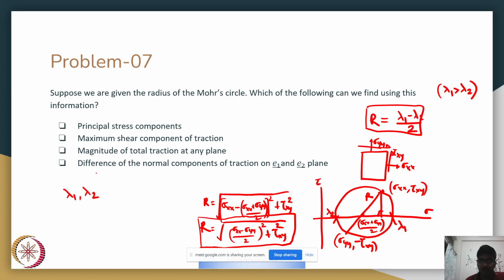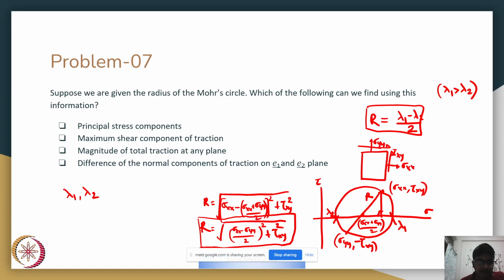No, we will find a relation. Yes, we have a constraint on lambda 1 and lambda 2. We don't necessarily know their actual values. So if R is 2, lambda 1 can be 4 and lambda 2 can be 0, or lambda 1 can be 8 and lambda 2 can be 4. We can have an infinite number of these.